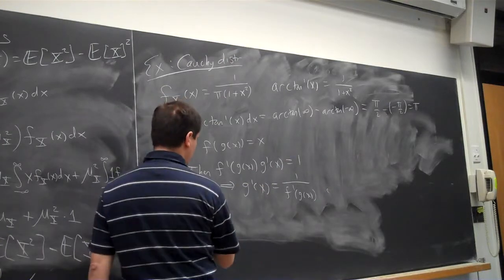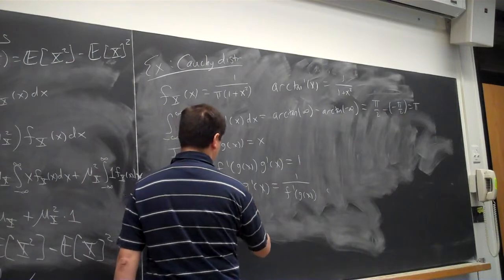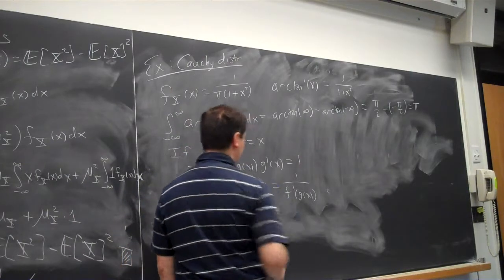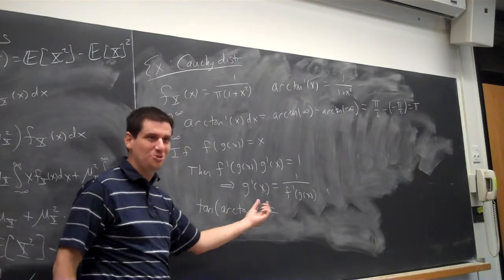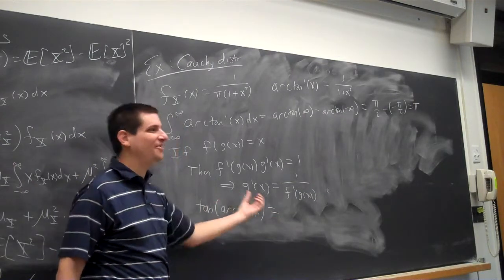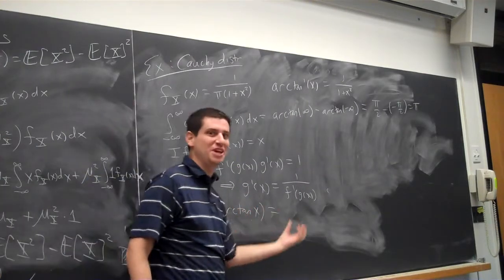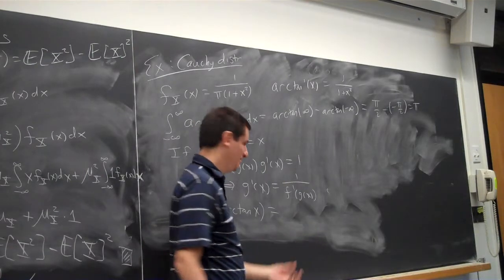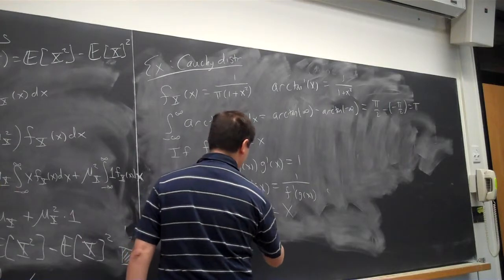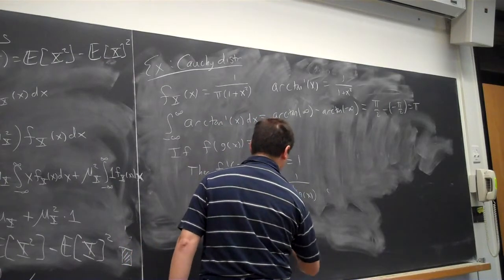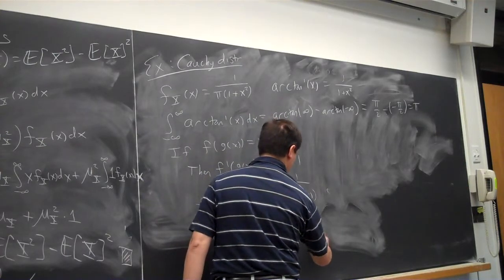So in our case, what is the tangent of the arctangent of x? What does that equal? X. What's the tangent of the angle whose tangent is x? If you read it out loud, I'm asking you, please calculate the tangent of the angle whose tangent is x. It's just x. So we get arctangent prime of x is 1 over tangent prime evaluated at arctangent of x.